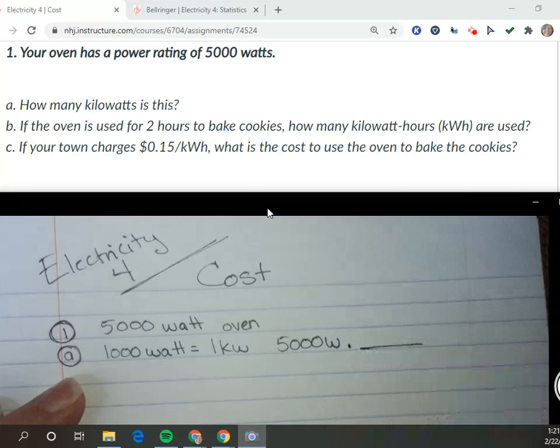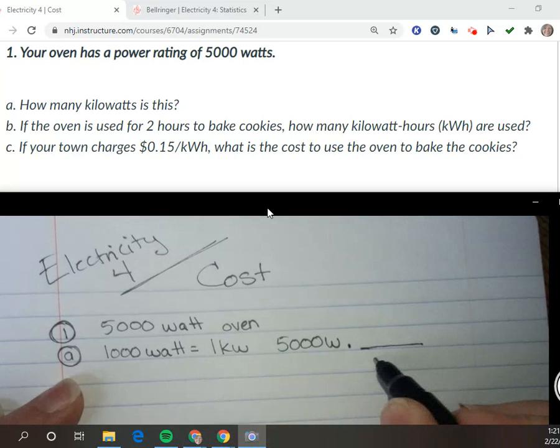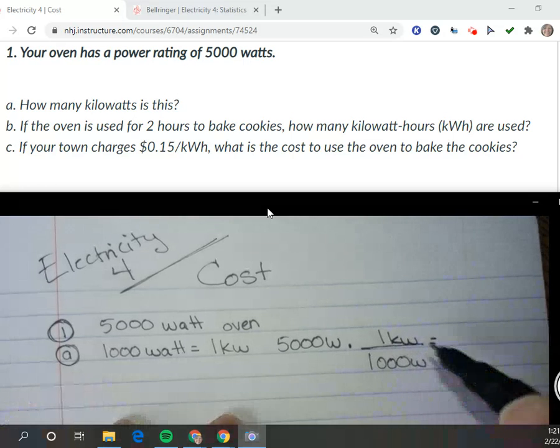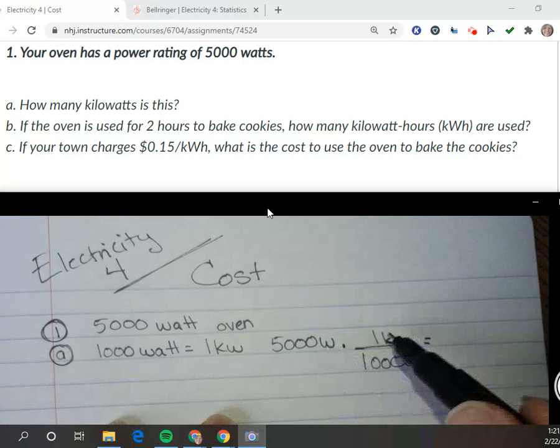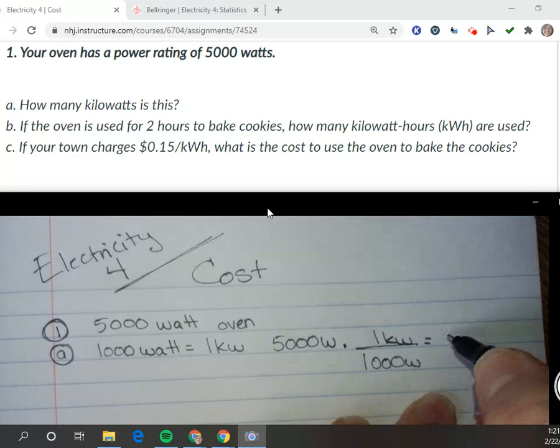times my conversion. Let's see, I have those here. What needs to go on the bottom? The 1,000 or the 1? The 1,000 needs to go on the bottom because I want to cancel out my watts. And so 5,000 times 1 is 5,000, divided by 1,000 would be 5.